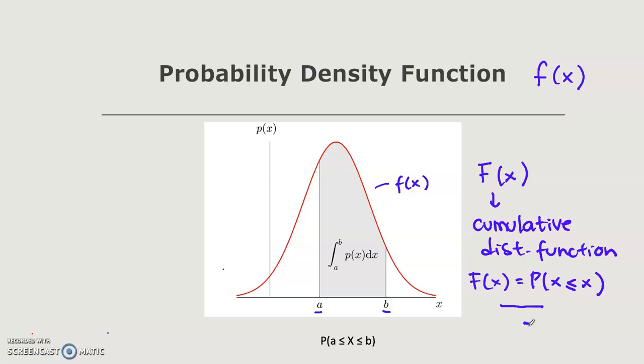For example, the probability that x is below a is denoted by this area, so all values build up to a. In other words, we interpret the probability that x is smaller than a as the area under this curve up to a.